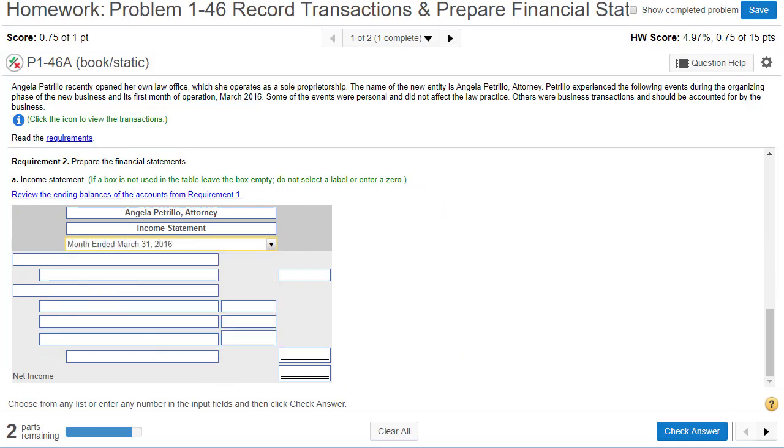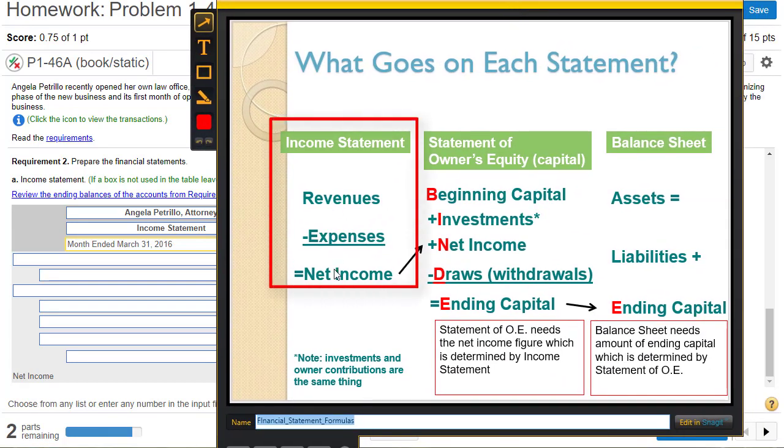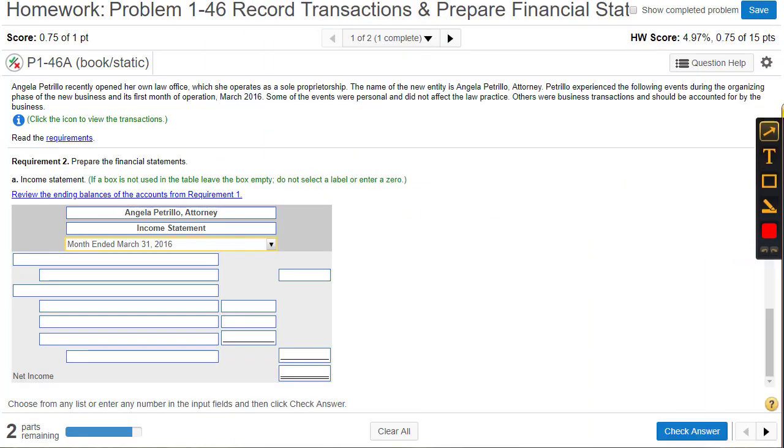Now we need to know what the income statement is showing. It shows whether the company had a profit, also called net income, or a loss, also called a net loss. Do you remember what the formula is for the income statement? It's revenue minus expenses equal net income. So we're going to list our revenues first.